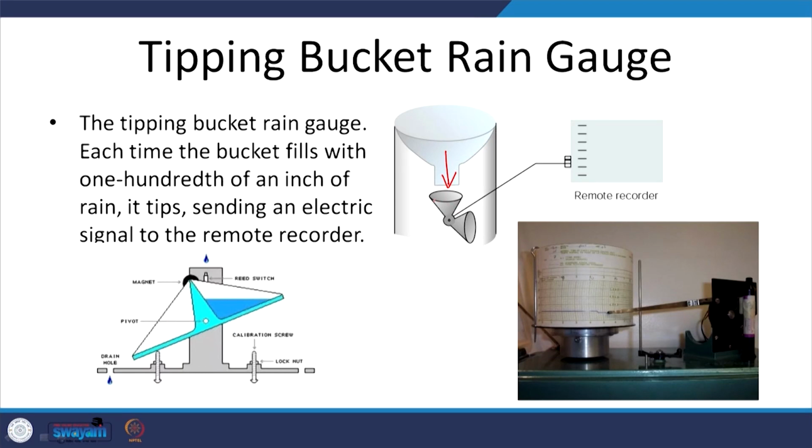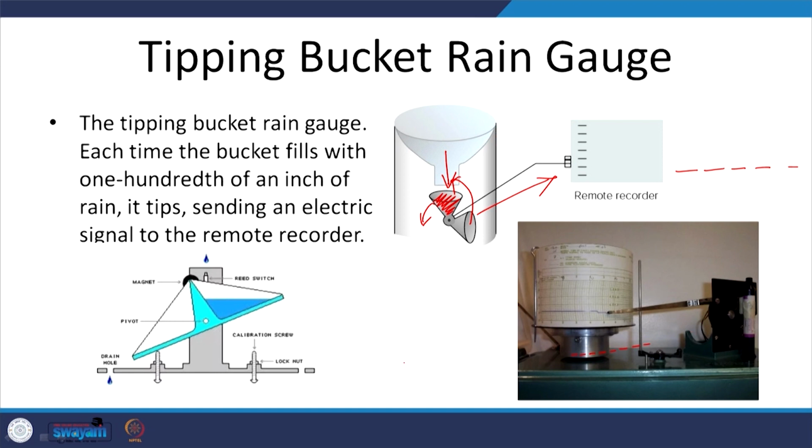Once this bucket gets filled, it will tip in one direction, bringing the other bucket into the place of the water dispenser, right. Every time this bucket tips, it will send a signal to the remote recorder, which will mark 1 unit. When another bucket tips, 1 unit like this. So, you have this plotter which keeps plotting one division every time the bucket tips. So, what does it indicate?